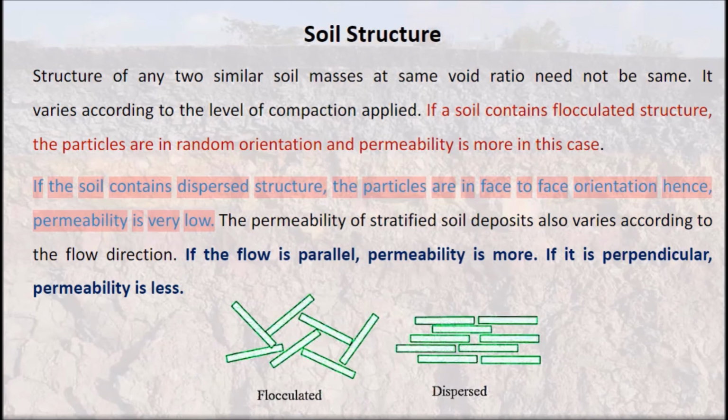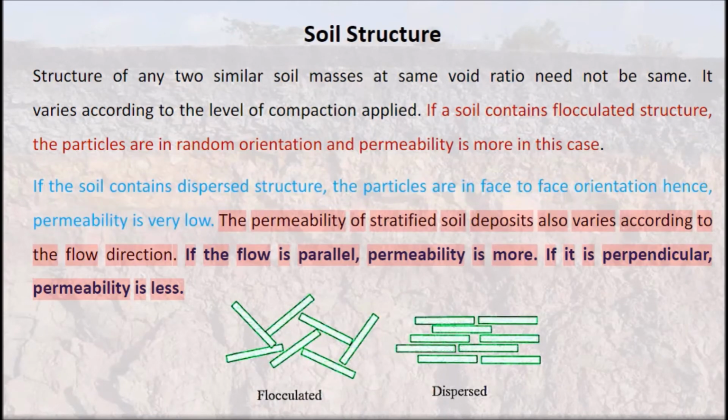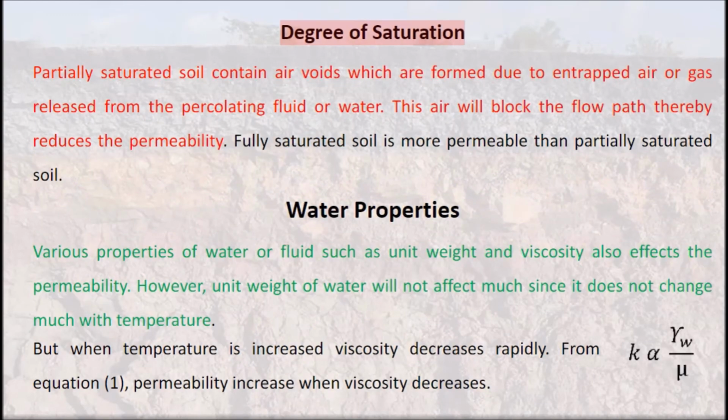If the soil contains dispersed structure, the particles are in face-to-face orientation, hence permeability is very low. The permeability of stratified soil deposits also varies according to the flow direction. If the flow is parallel, permeability is more. If it is perpendicular, permeability is less. Degree of saturation.